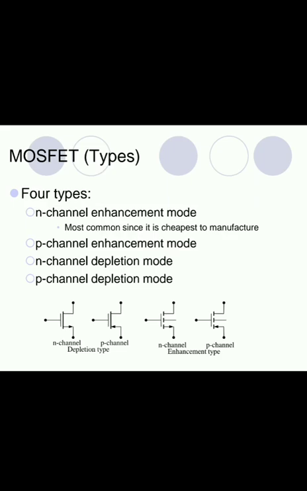These are nothing but N-channel enhancement MOSFET and P-channel enhancement MOSFET. Depletion is divided into two types, N-channel depletion MOSFET and P-channel depletion MOSFET. So here you can see the symbolic structure for N-channel depletion, P-channel depletion, N-channel enhancement, P-channel enhancement.